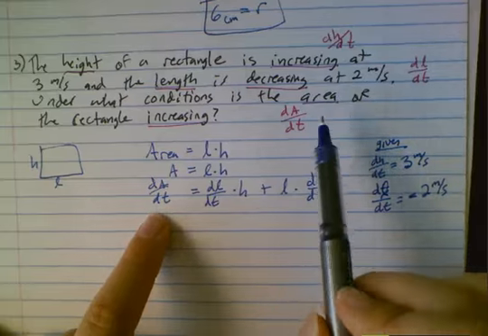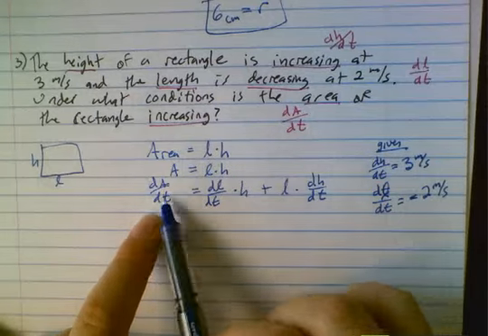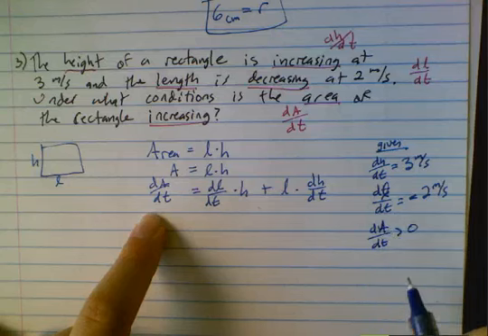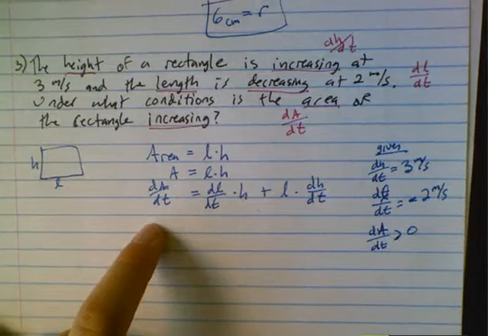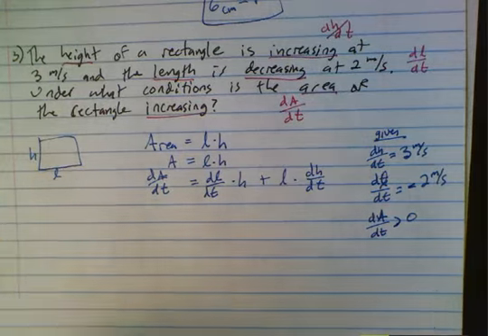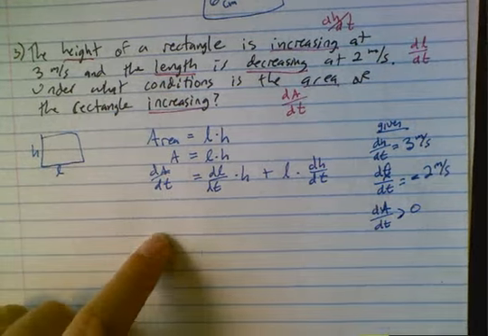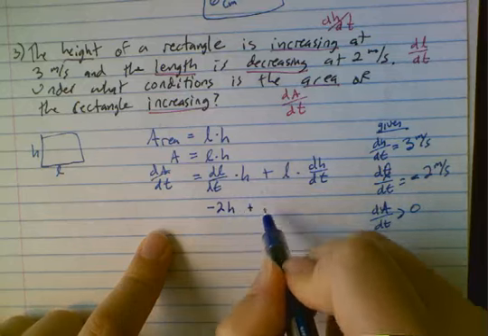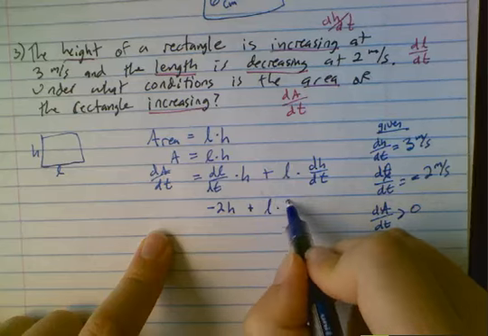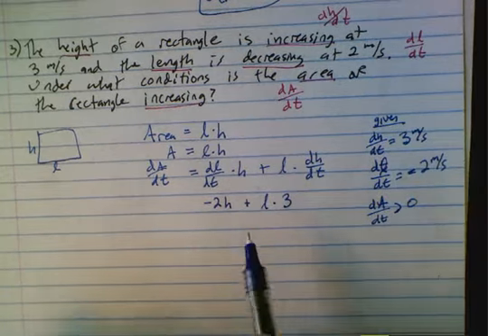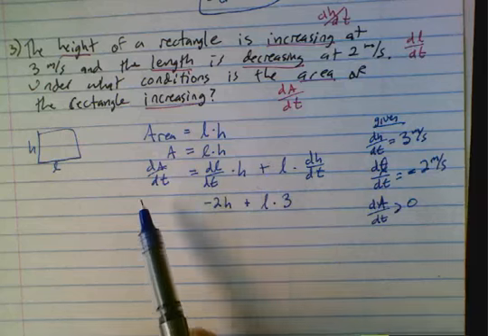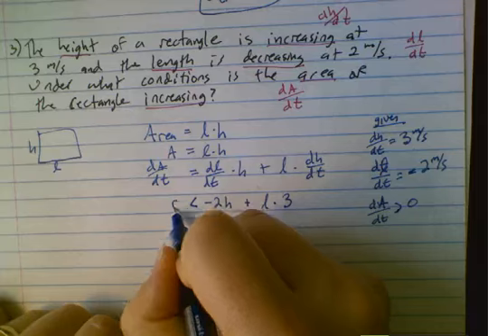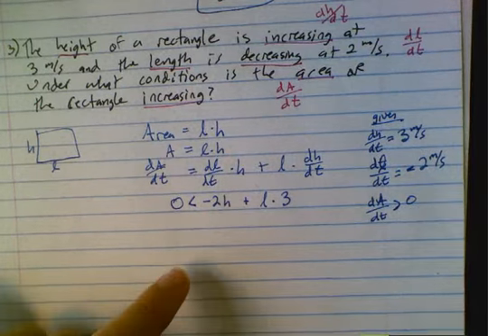And we know that area is increasing, so that means that dA/dt must be greater than 0, because an increasing rate means a positive derivative. So that means negative 2h plus L times 3, that's going to give us our dA/dt. We know that all of that has to be greater than 0.